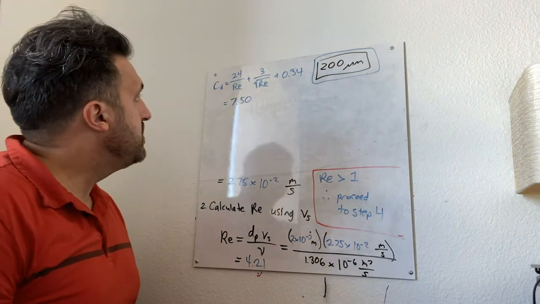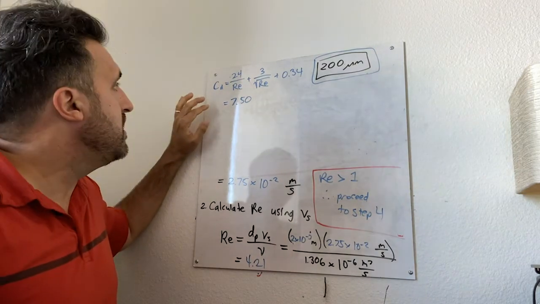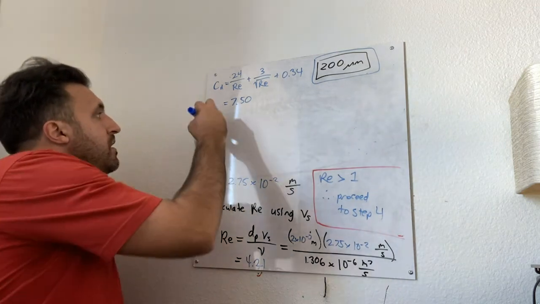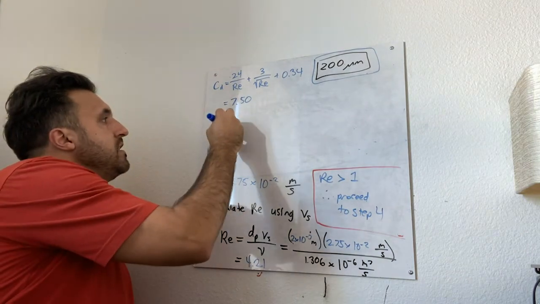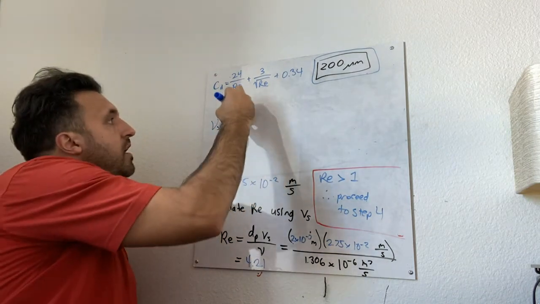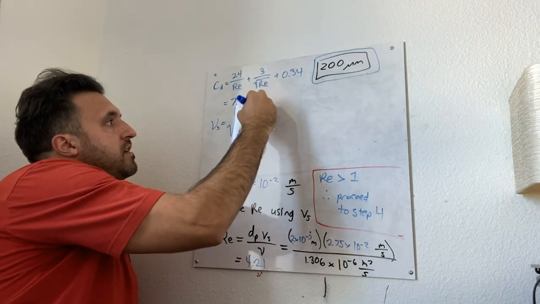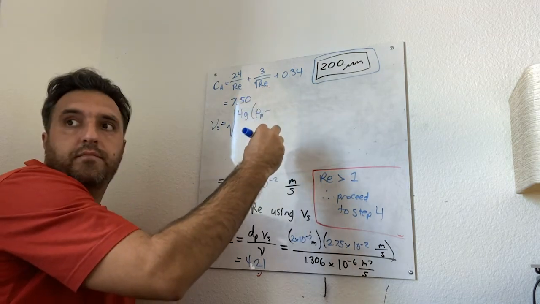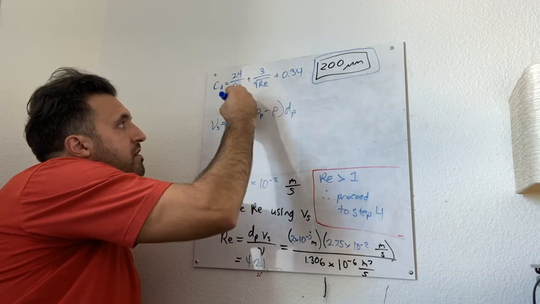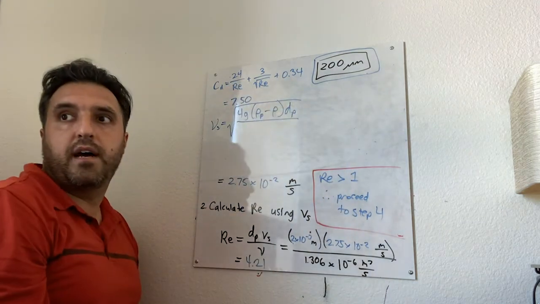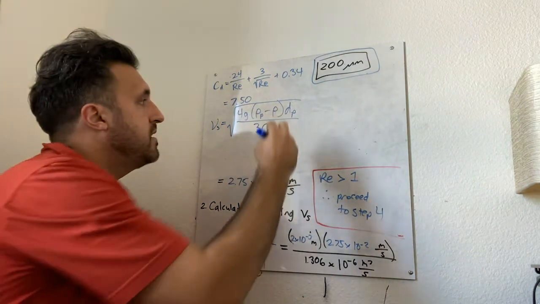Now we're going to use that drag coefficient to calculate the settling velocity using Newton's law. So settling velocity according to Newton's law is equal to the square root of 4g times the difference in density times the diameter of the particle divided by 3 C sub D times rho.